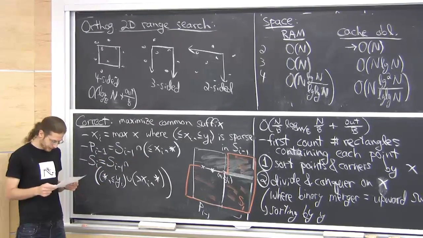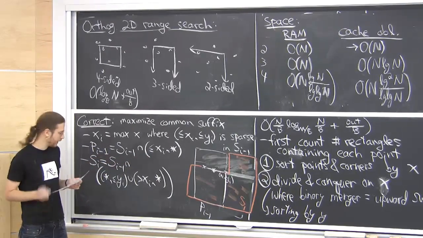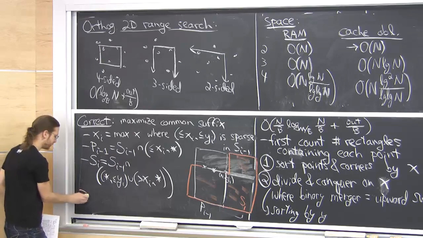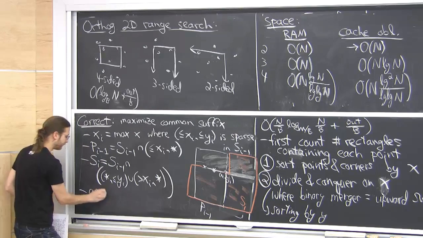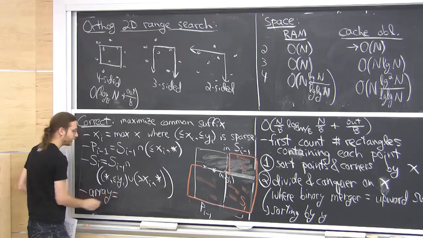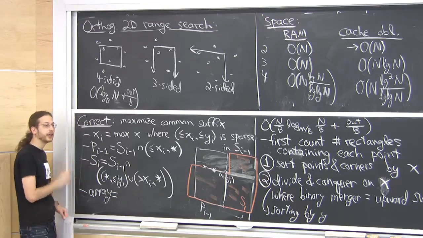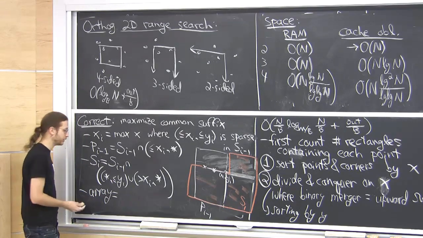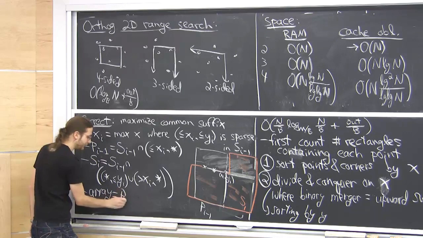Do I really not have a P here? Okay. Here's the difference. The reason we have to go through this business. The array that we're going to store is not the SIs. So SIs are still too big, potentially. What we're going to store are the PIs.